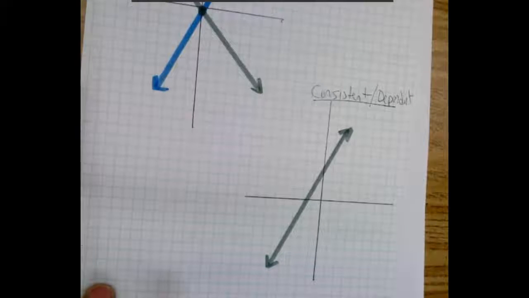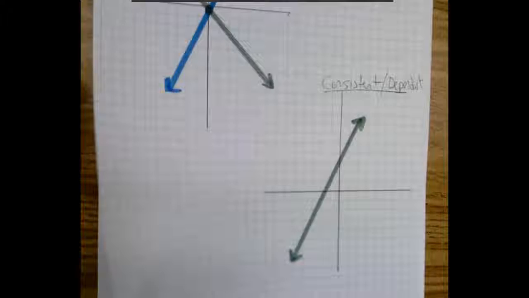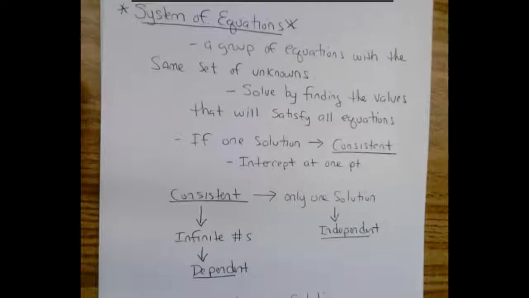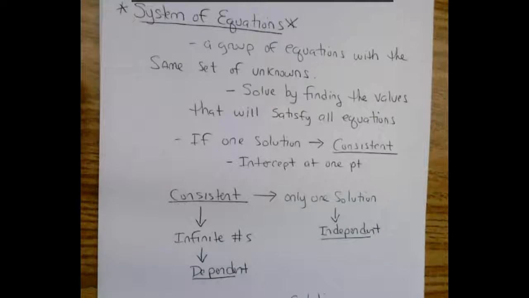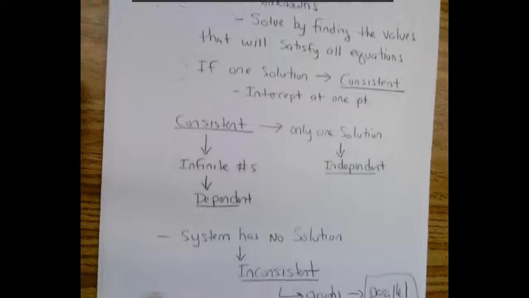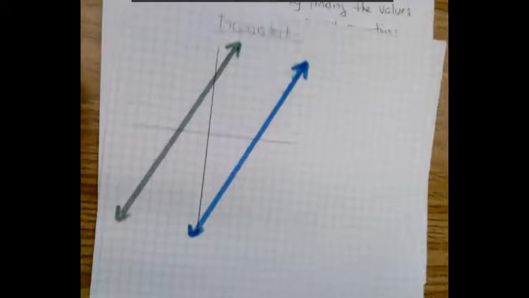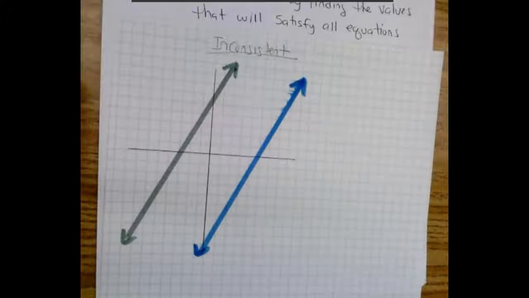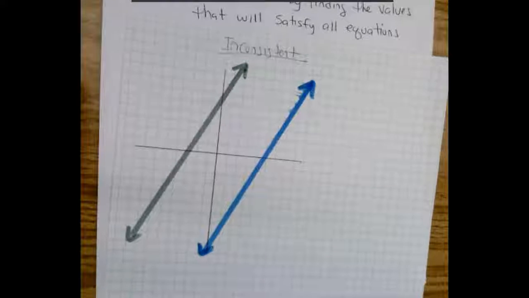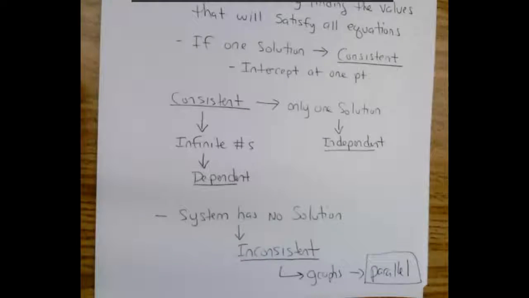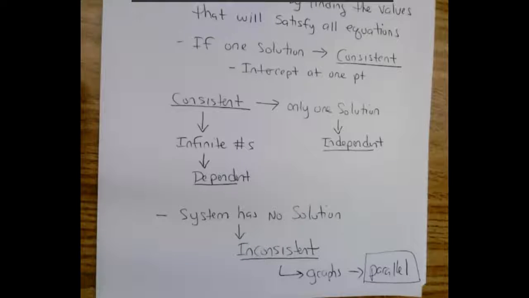If the system of equations has no solution, we call that inconsistent, and the graph for that would be parallel lines. We'd graph two linear equations and see they never cross, they're parallel. That's some of the terminology we're going to use.